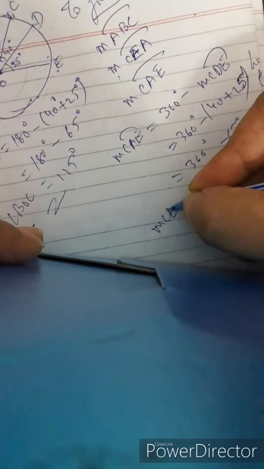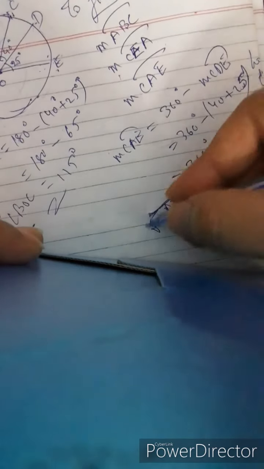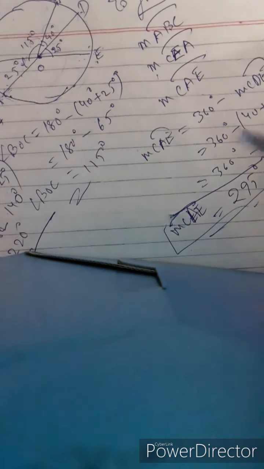Measure of CAE becomes 295 degrees. All right, I hope you got this.